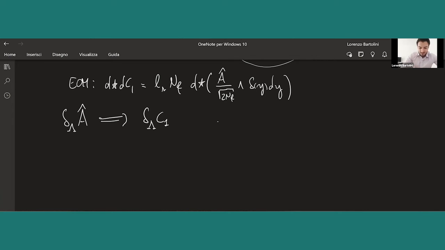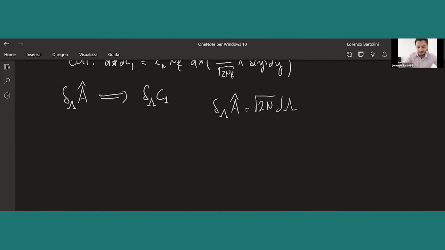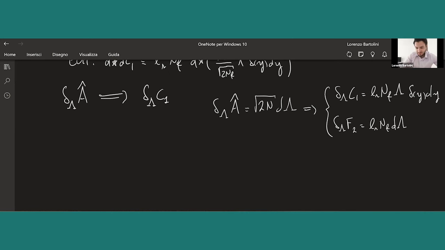And so let us quantify this gauge transformation with parameter lambda on the A field. So this is a U1 transformation. And this comes from the normalization of the group, but it's the same anyway. Those are normalization factors. It induces a gauge transformation on the C1 field given by string length NF lambda, and then you have a delta y, dy, and on the field strength like LS NF d lambda wedge the same delta.